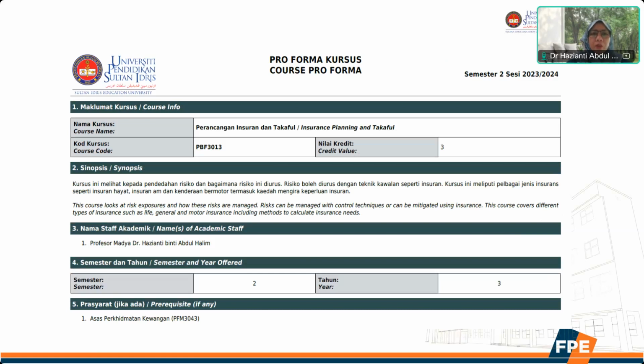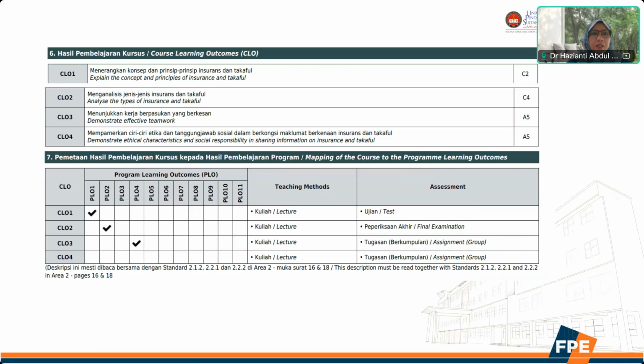So for the first week, I'm going to go through our course info and you can see here our course learning outcome, as well as our teaching methods and also assessment. In this subject, we are going to look at the concepts and principles of insurance and also Takaful. And then we are going to analyze the different types of insurance and Takaful.